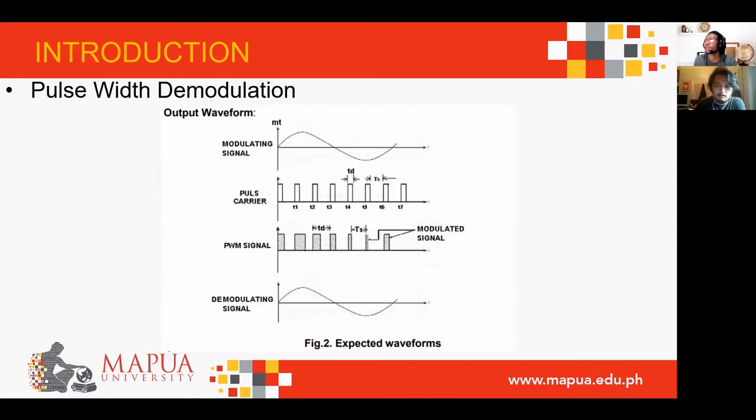The input signal is the modulating signal coming from the pulse width modulation circuit, and the pulse carrier is the one carrying the modulating signal, which creates a pulse width modulating signal, where we need to extract the modulated signal using the pulse width demodulating circuit. The expected output is the same or similar to the modulating signal. As you can see, the modulating signal must be equal to the demodulated signal.